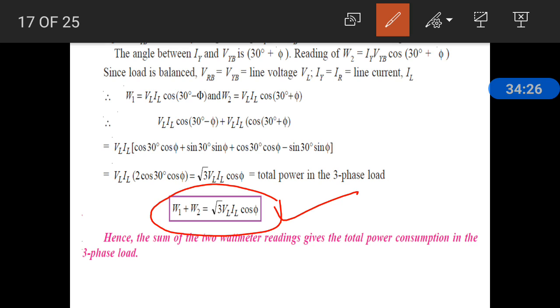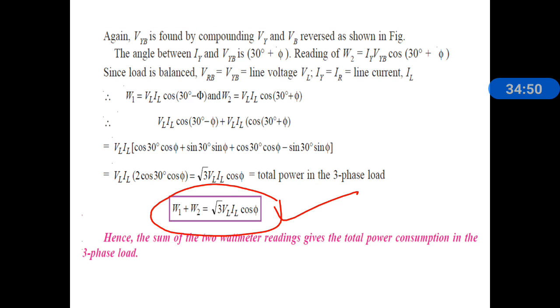Another advantage is connections. Compared to the three wattmeter method, the two wattmeter method needs fewer connections, and it works properly in delta connections also. The three wattmeter method is very difficult to connect for delta, but in the delta case the two wattmeter method is very easy to connect.